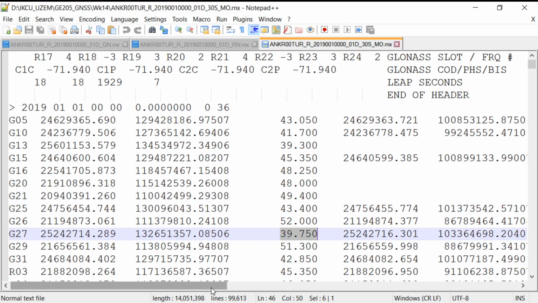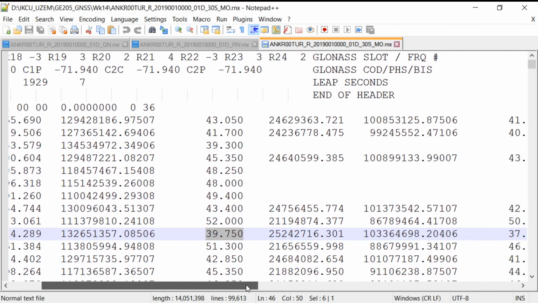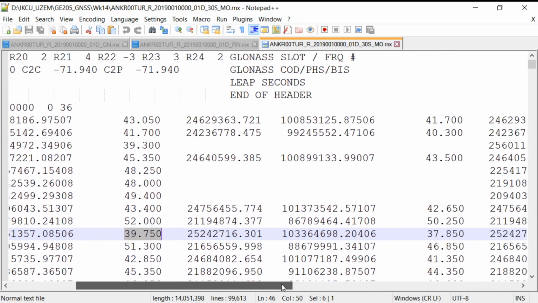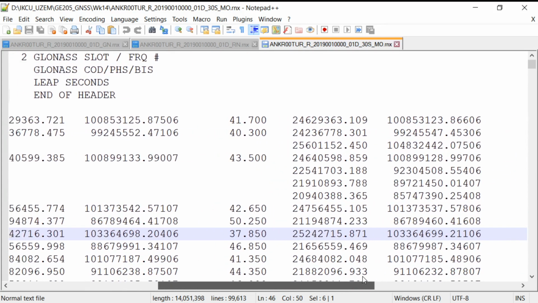So this may be used as a signal of the satellite's location. This number is also dependent on some other atmospheric, especially ionospheric, conditions. So this is a sign of the signal quality. This is the second block you see, and this is the third block.